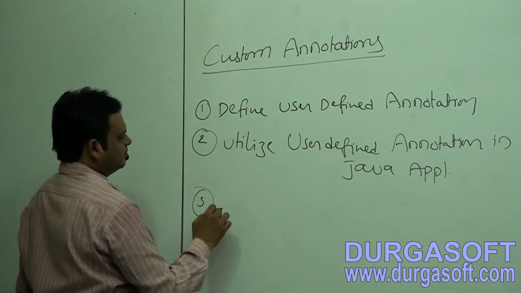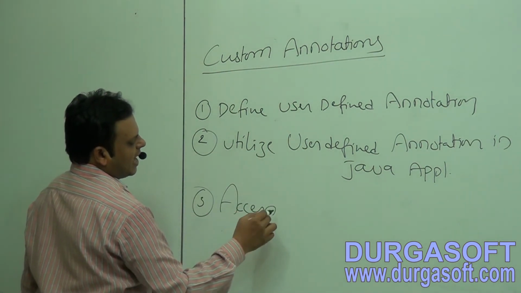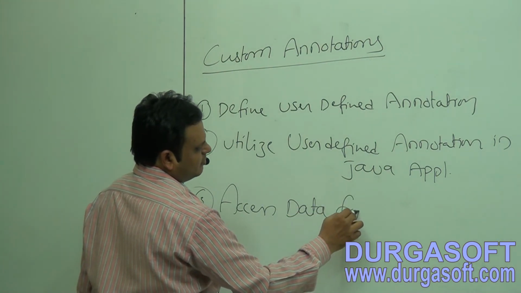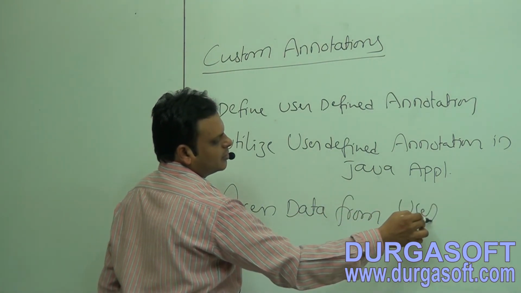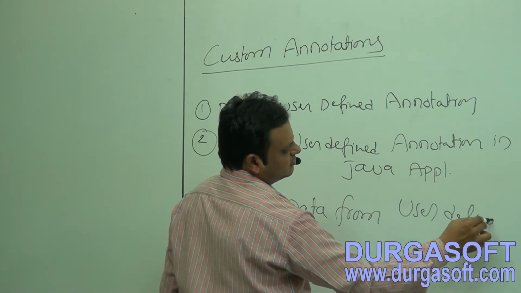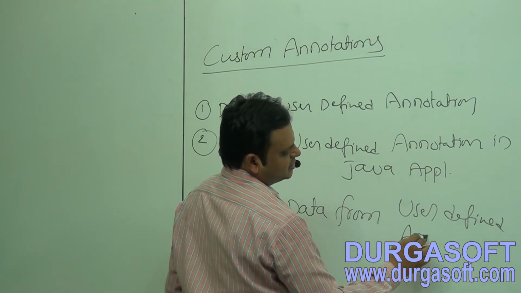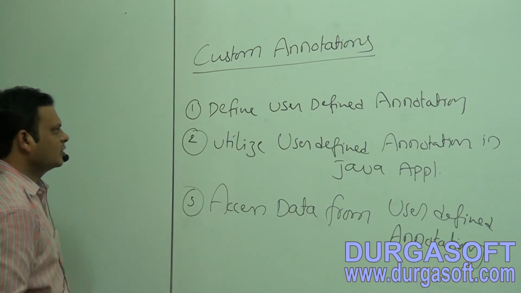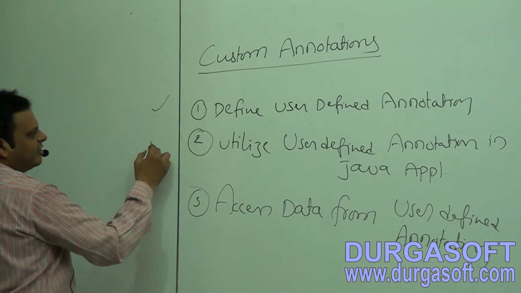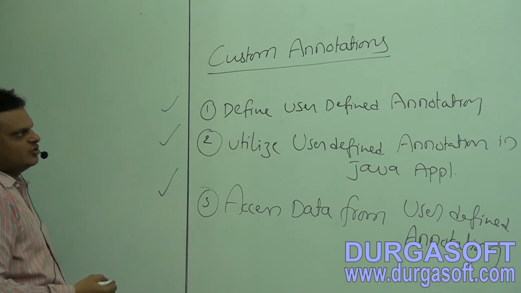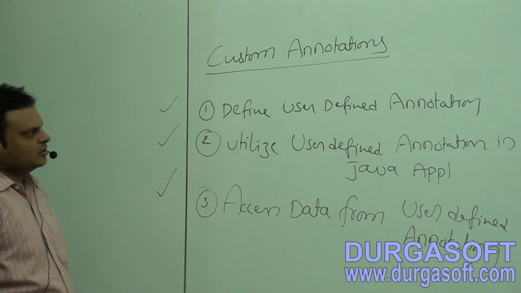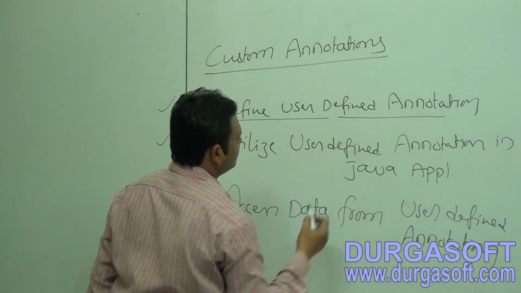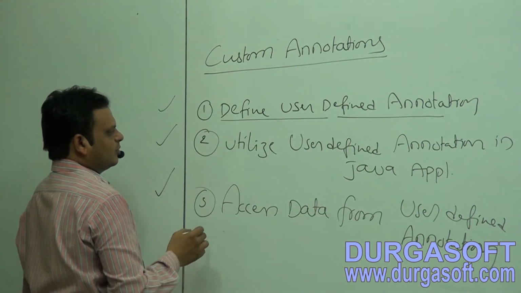Number 3: access data from the user-defined annotation. That's all. So these are the 3 steps we require to design and use custom annotations. First one, define a user-defined annotation, define or declare, no problem.